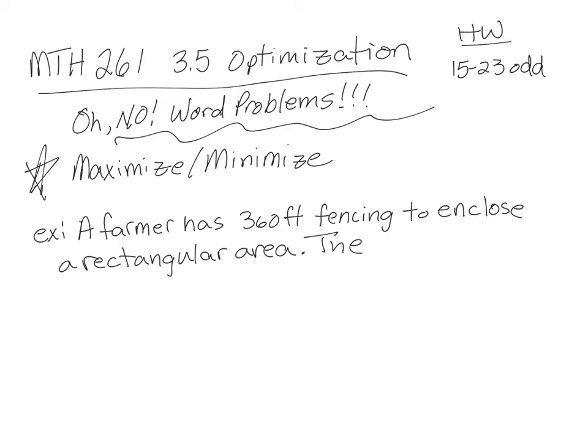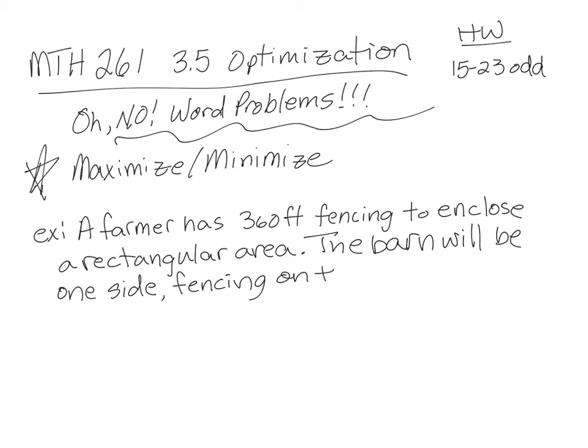The barn will be one side, fencing on the other three sides. You're also going to have to draw on some things that you already know, like the area of a rectangle in this case. Maximize the area.